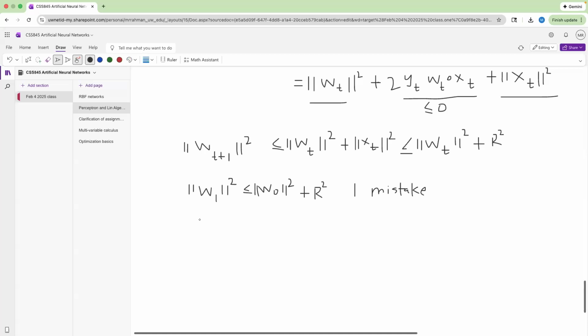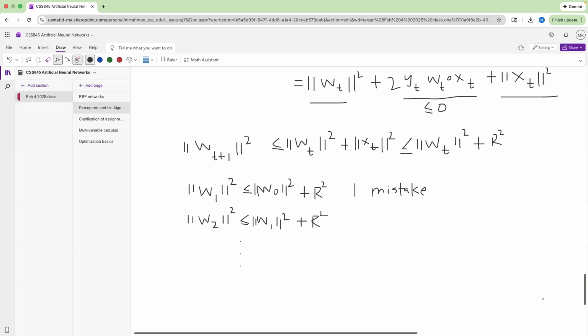And then the next time we make a mistake, we're going to make another update to W2. And then this time the norm is going to change by this. Again, ||W1||² plus R². This is the second mistake.